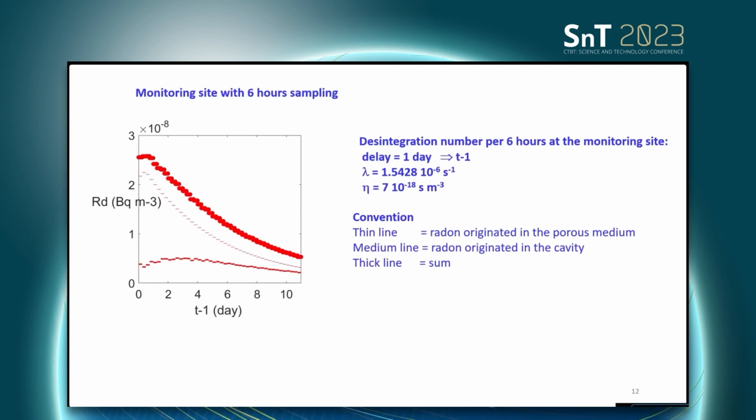Then at the monitoring site, with 6 hour sampling, you get something like that. When you look at the ordinate and see 10 minus 8, you see that it's totally hopeless to measure that. Note that it's not 50 becquerels per second, but 50 becquerels per cubic meter.